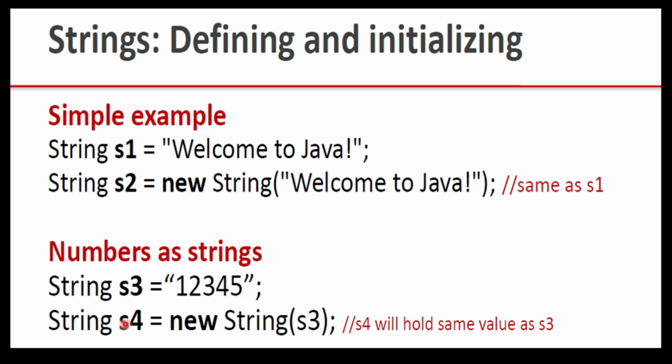Now String S4 = new String(S3). That means the value of S3 will be assigned to S4. So S3 and S4 have the same value, that is 12345.